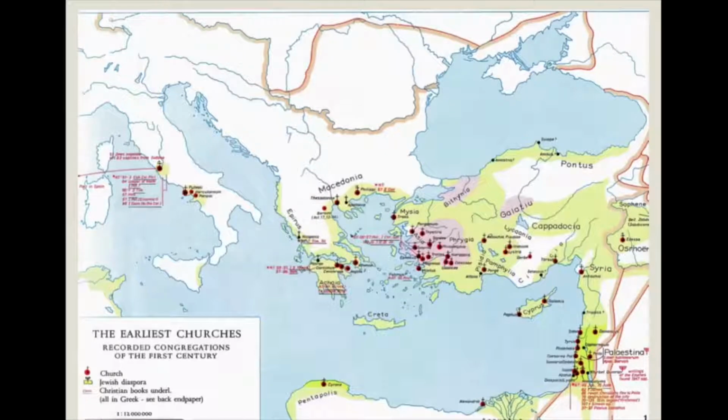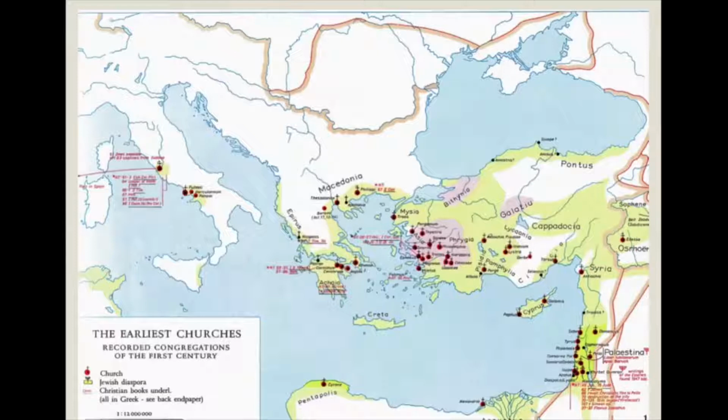If you look at the different dots, those are recorded congregations of the first century. It also shows where the Jews got dispersed, and where they got dispersed, they started building a lot of different synagogues, right? And the synagogues is where they kept the Old Testament manuscripts.